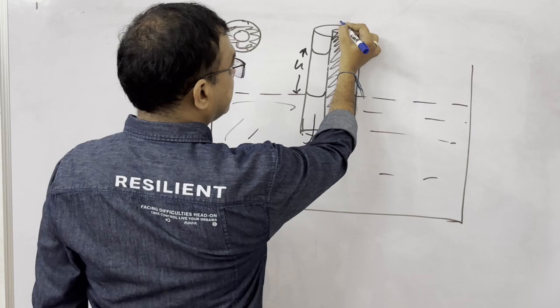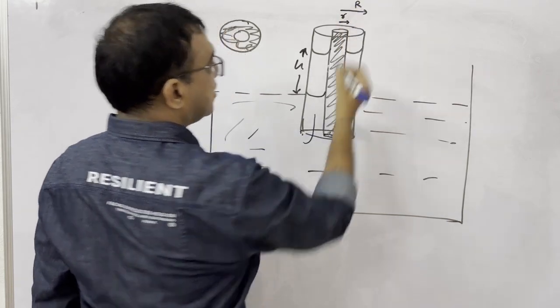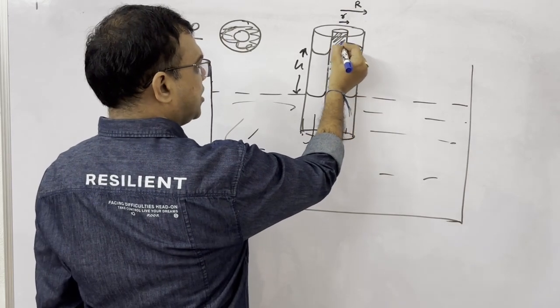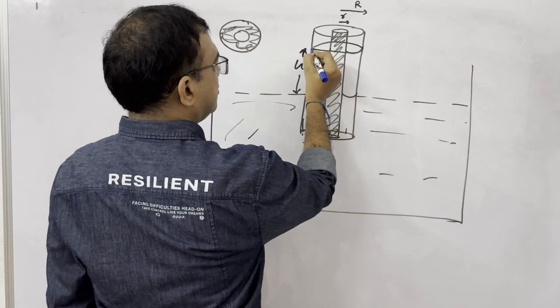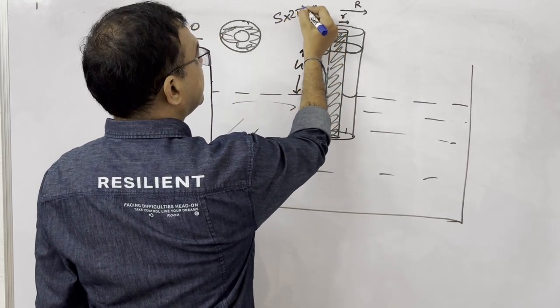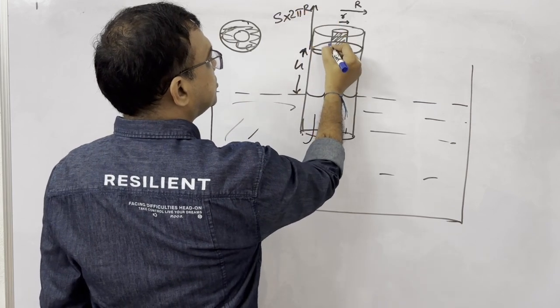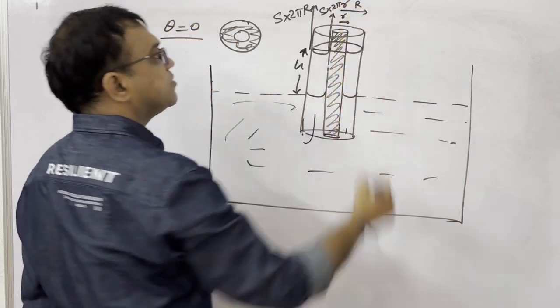Now you see, say the inner radius is small r, outer radius is capital R. On this outer one, force is coming S into 2 pi R, and on this inner one, force coming S into 2 pi r.